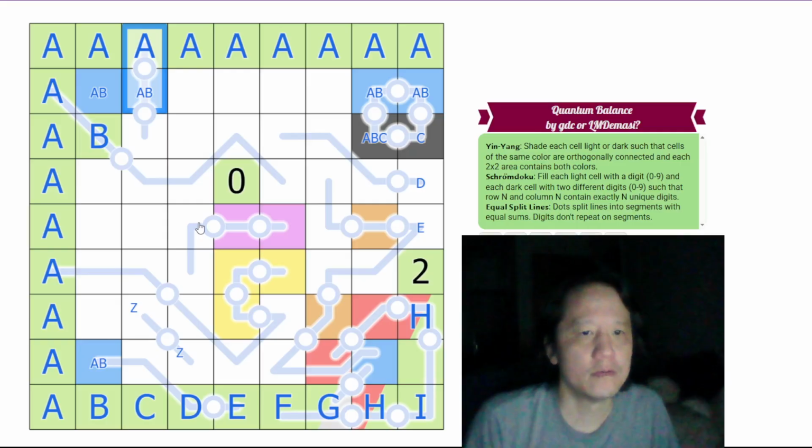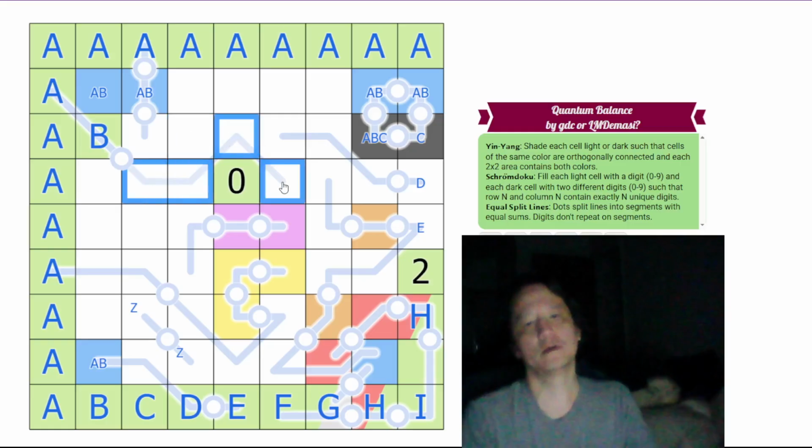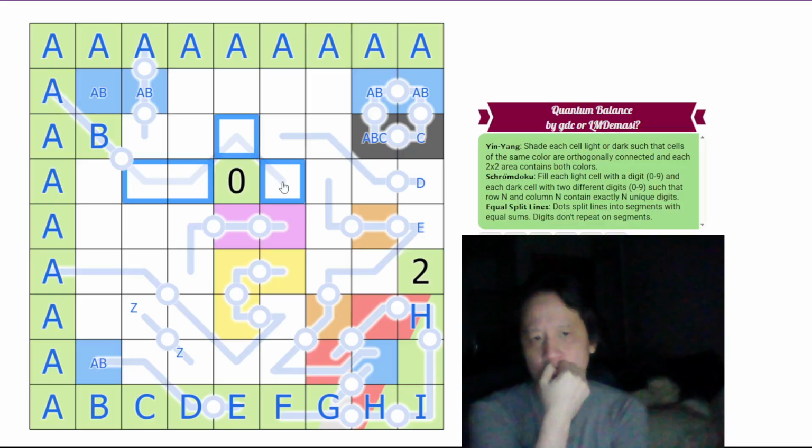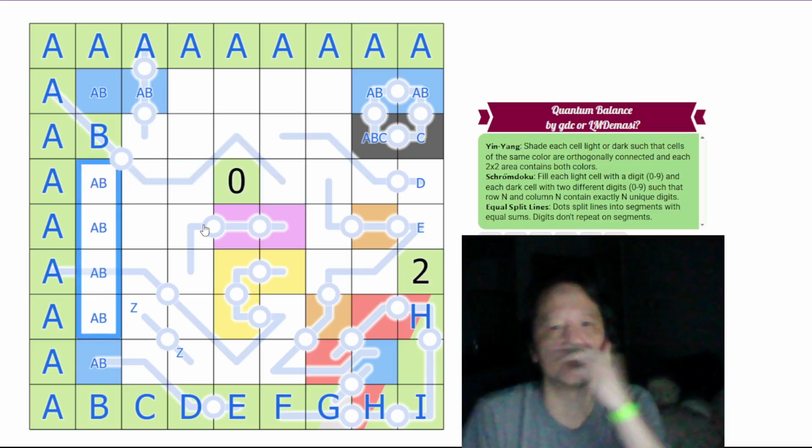Oh. Interesting. So this could be green or could be... So that means whichever one of A or B... So that means this is, again, A and B in some sort.